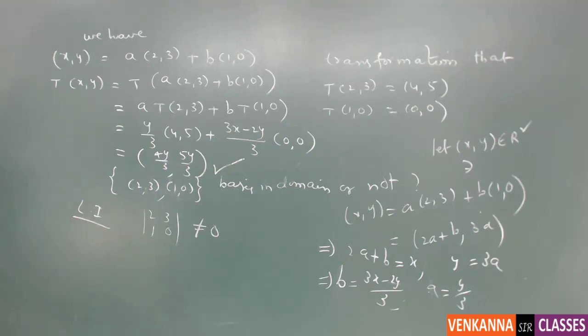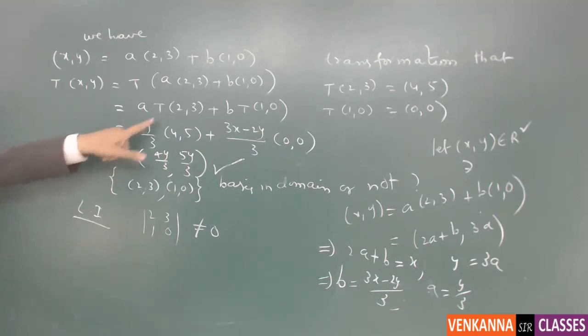So this is our required transformation. Please check that. So what is the overall procedure here? For the domain vectors, we first check whether they are a basis or not. Second, if they are a basis, then after finding the linear combination, we apply T on both sides for that linear combination.